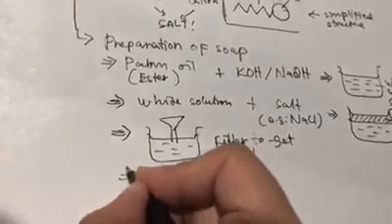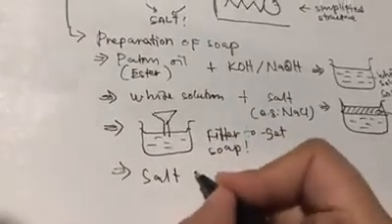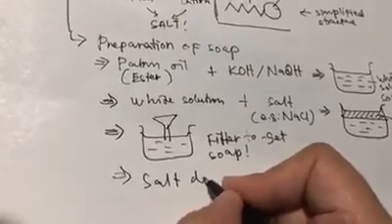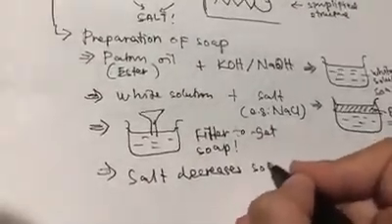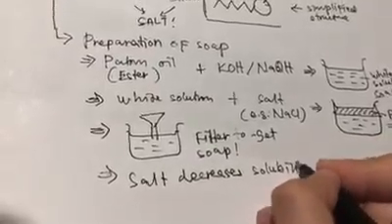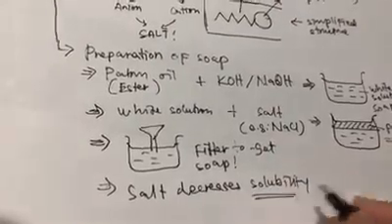So as you can see here, adding salt decreases the solubility of the mixture, causing the soap to precipitate, so we can easily filter it out.